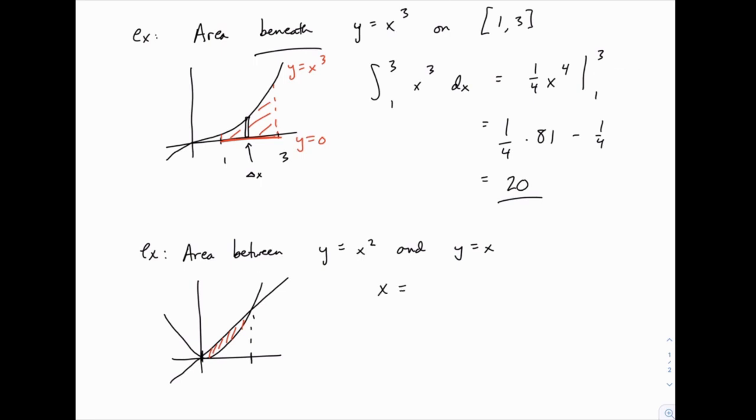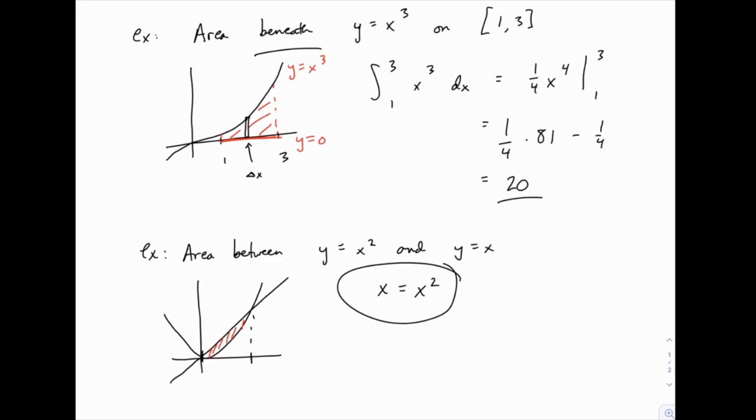You would set the two functions equal to each other and then solve this for x. Now I should caution you, when I write this down, you may be tempted to say, to solve for x, let's just divide both sides by x, which is a place to start, but if you just do that, you will miss something.